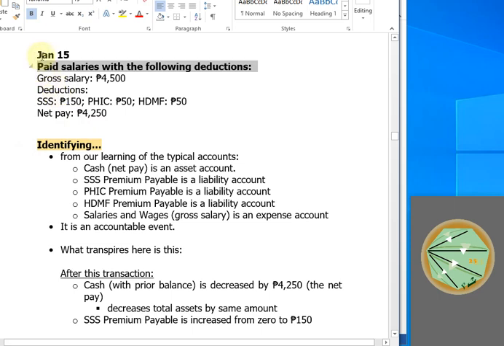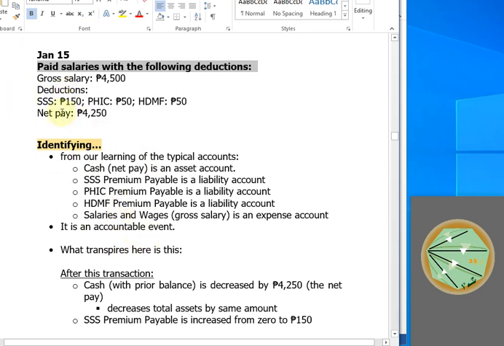Therefore salary payments or salary accruals are accountable events, unlike the hiring of an employee.